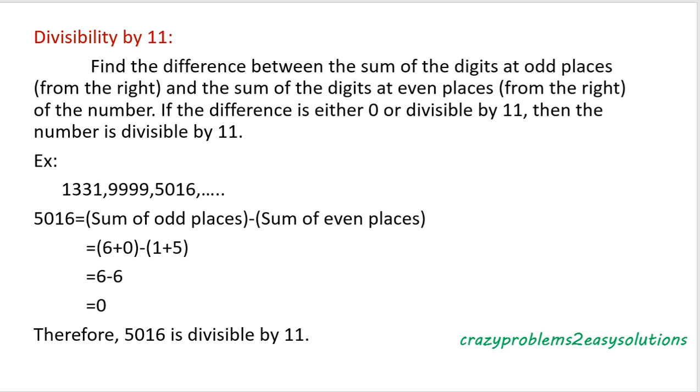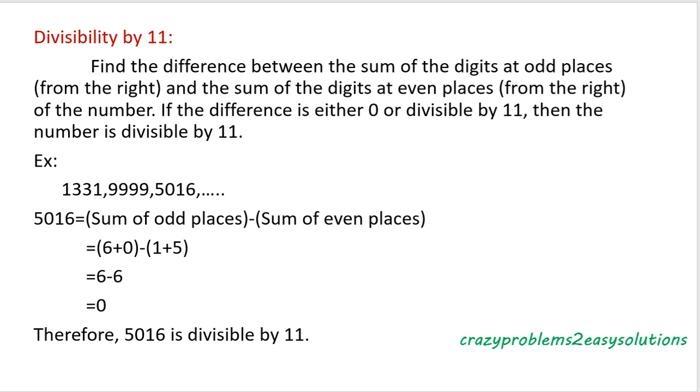Then divisibility by 11. Find the difference between the sum of the digits at odd places and the sum of the digits at even places. For example, if a number has 4 or 5 digits, look at the digits in the odd places and the digits in the even places, and find the difference.